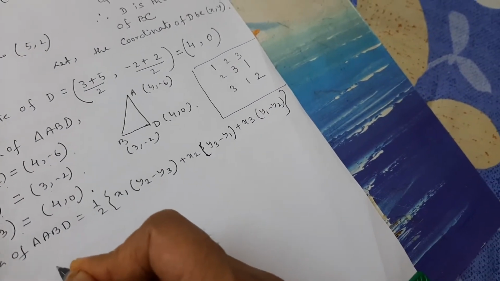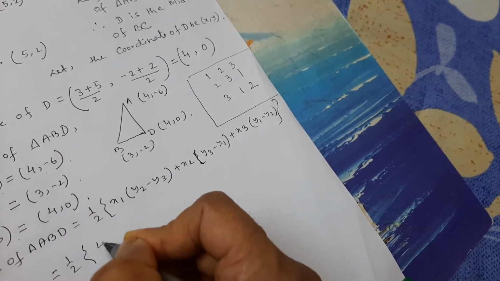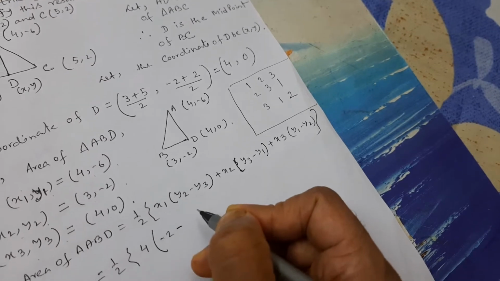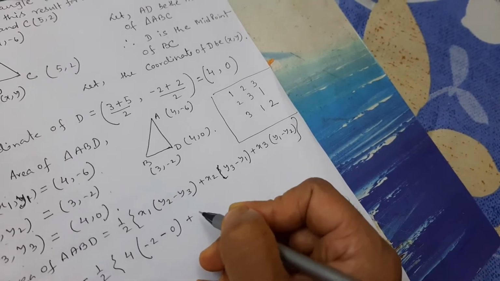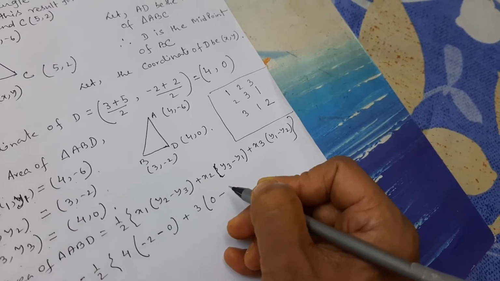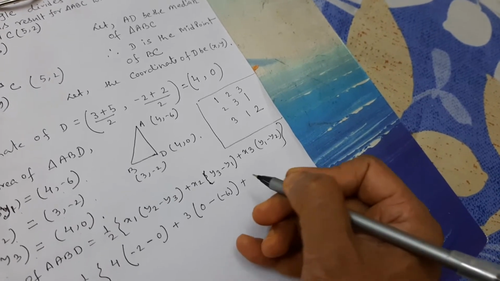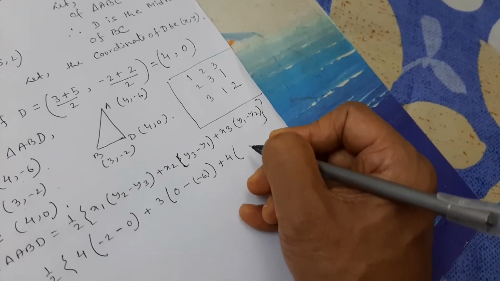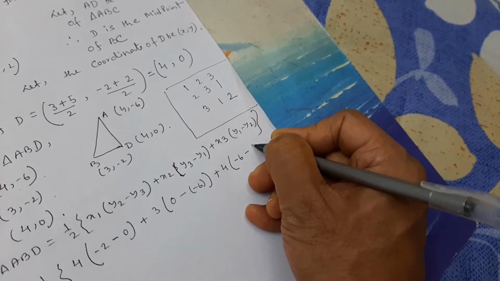Clear? Now putting the values, half, x1 is 4, y2 is minus 2, minus y3 is 0, plus x2 is 3, y3 is 0, minus y1 is minus 6, plus x3 is 4, and y1 is minus 6, and y2 is minus 2.